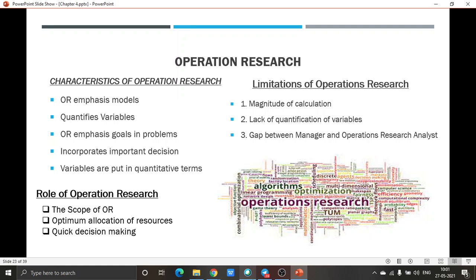And the third one is that it helps in quick decision making. What I mean to say is that in the business world, the competition is ever growing. It can be in terms of national and international markets also. And this situation has made it so that quick decisions are to be taken by managers so that they can take advantage of market factors.